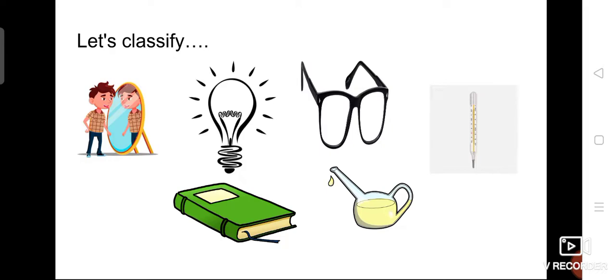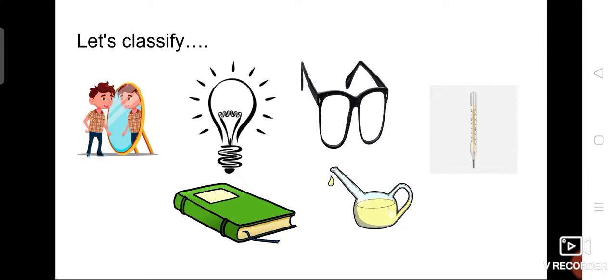Okay, so what do you think about the mirror? Is the mirror a transparent, translucent or opaque object? Please look at the mirror. You are standing in front of the mirror. Are you able to see the object which is present on the other side of the mirror?